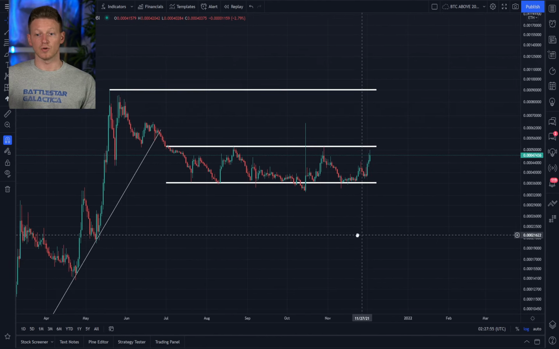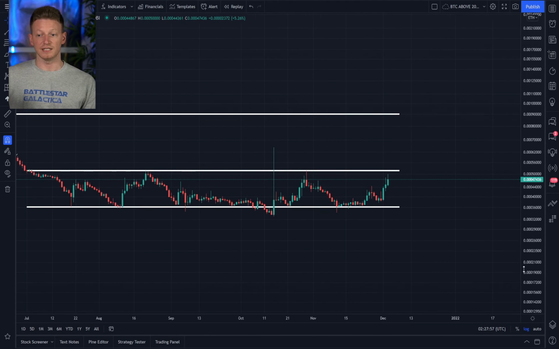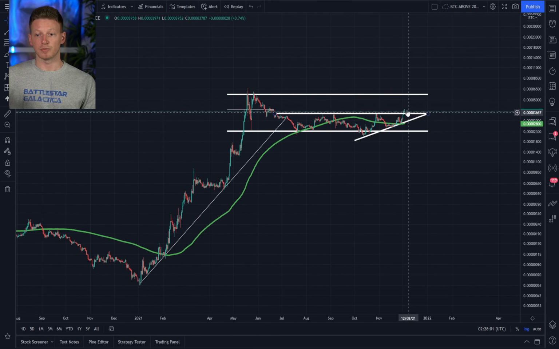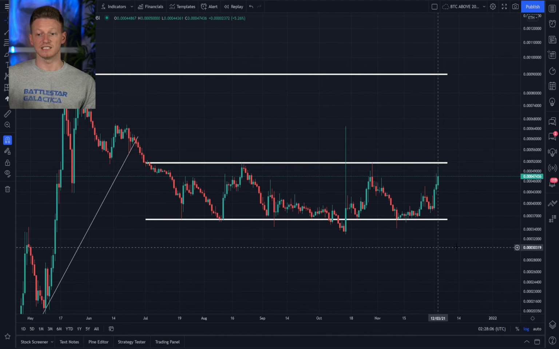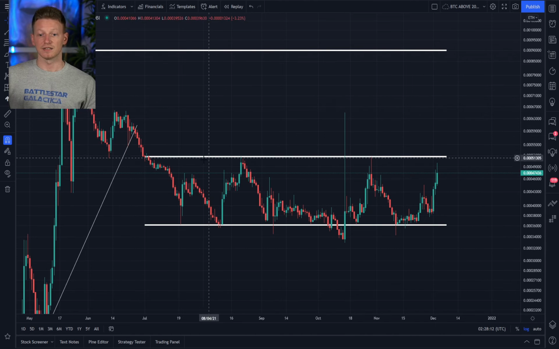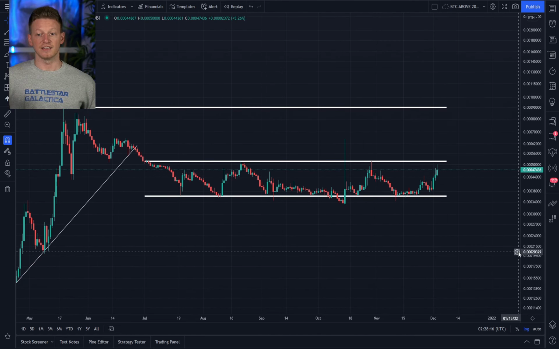Okay. So if you really want to see the value of MATIC rise, it's going to not only need to break out against Bitcoin, but it will need to break out against Ethereum also. And the reason for this is, if you just think about it, MATIC is going to be more volatile than Ethereum is.